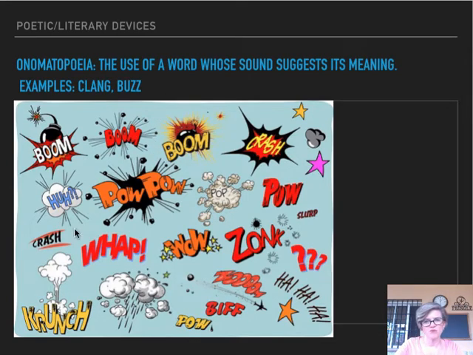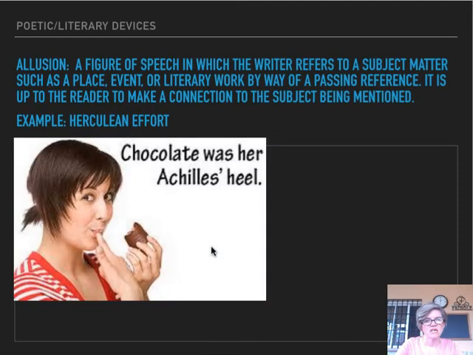All of these examples here look a little bit more like comic strips, but any word that mimics the sound or the action that it's referring to would be onomatopoeia. And again, remember, poems are meant to be enjoyed out loud, and so you're going to find lots of sound effects, and onomatopoeia is one of those.